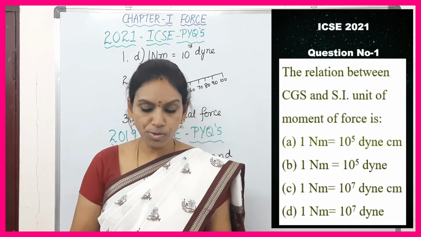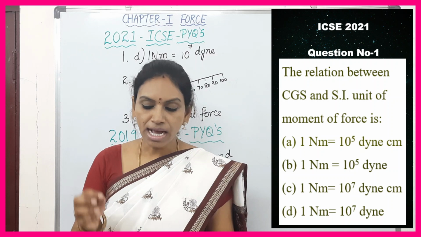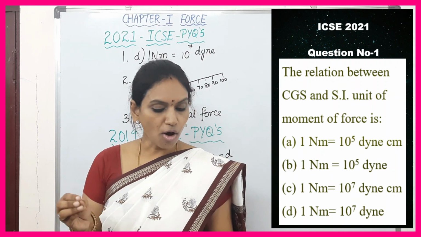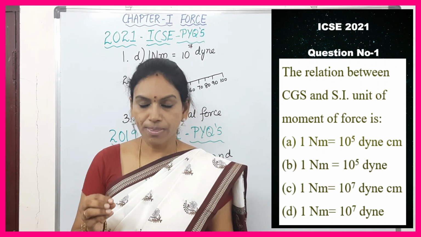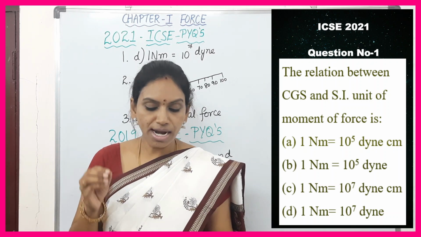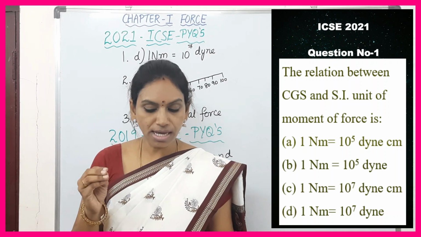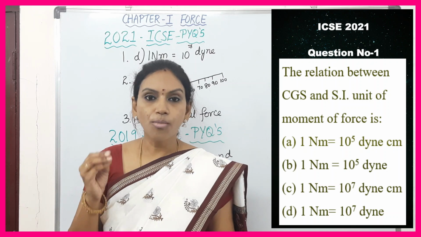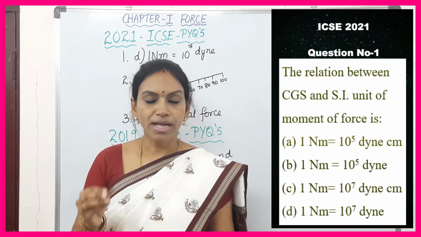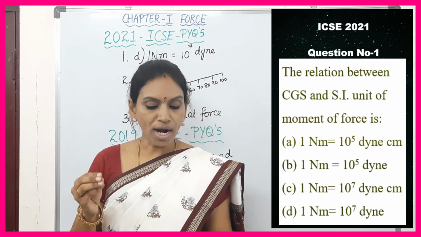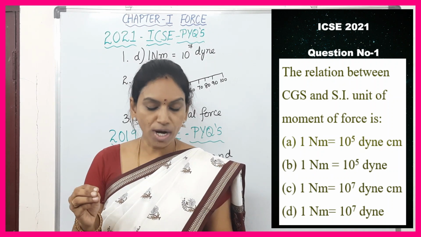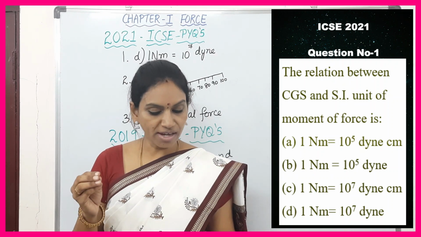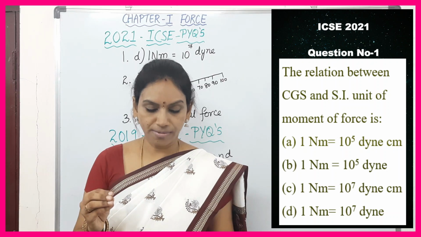The relation between CGS and SI unit of moment of force is. I'll read out the question again. The relation between CGS and SI unit of moment of force is. The options are: option A, 1 Newton meter is equal to 10 to the power 5 dyne centimeter.